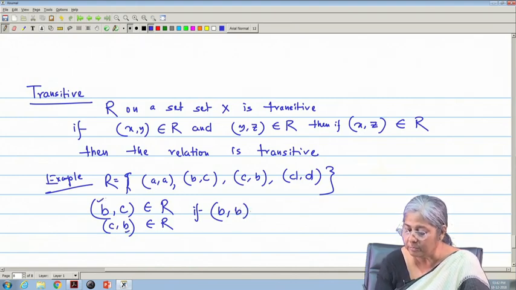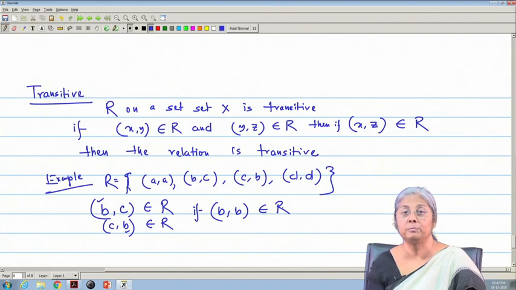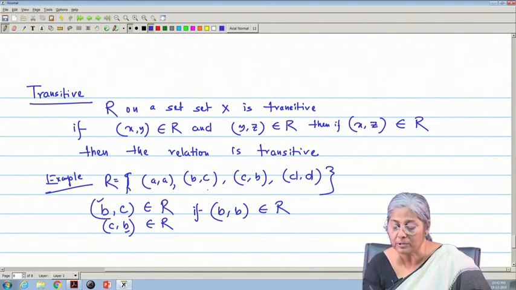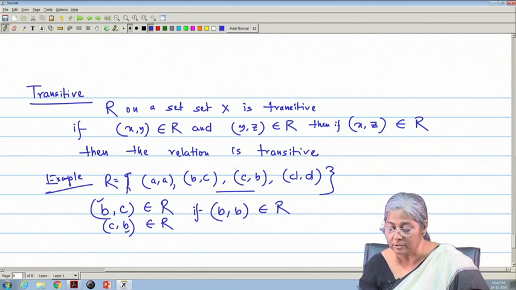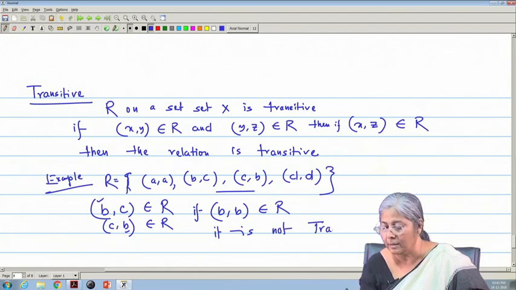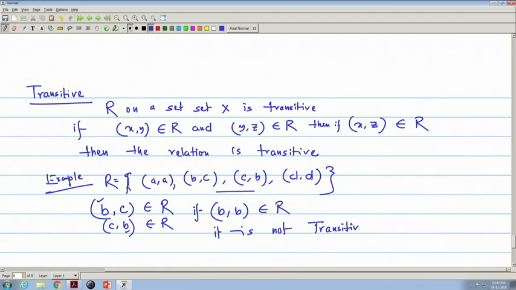So, if (B, B) belongs to R, then it would be transitive. But what we observe is that (B, B) is not in this relation. So, it is not a transitive relation.